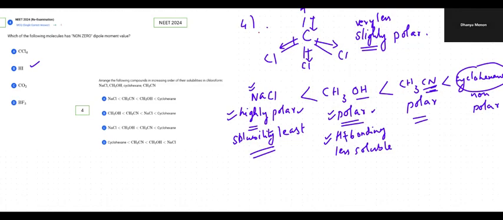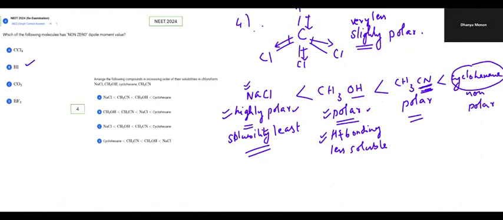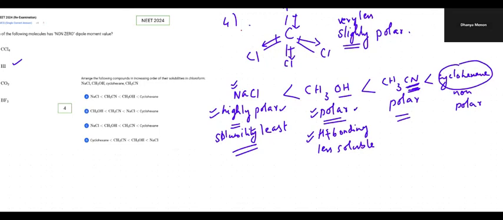The next one will be CH3CN. It will be polar because of the electronegativity difference between carbon and nitrogen, but it will be more soluble than CH3OH. Then the most soluble will be cyclohexane, because it is non-polar. The electronegativity difference between carbon and hydrogen is very less, so it is non-polar.